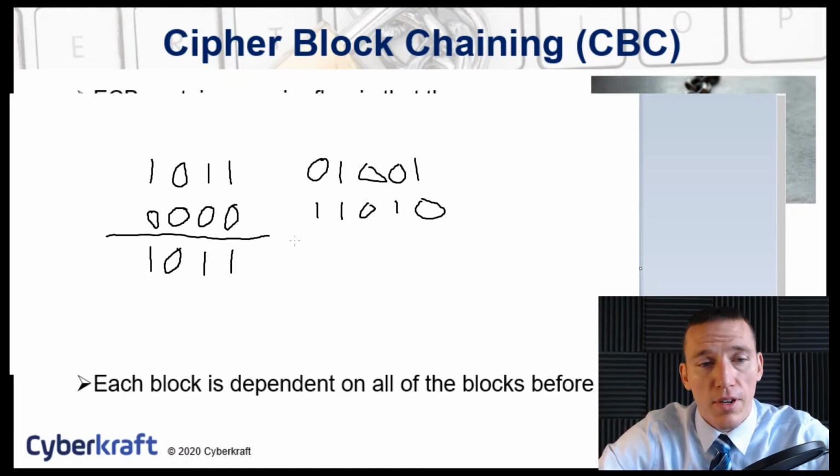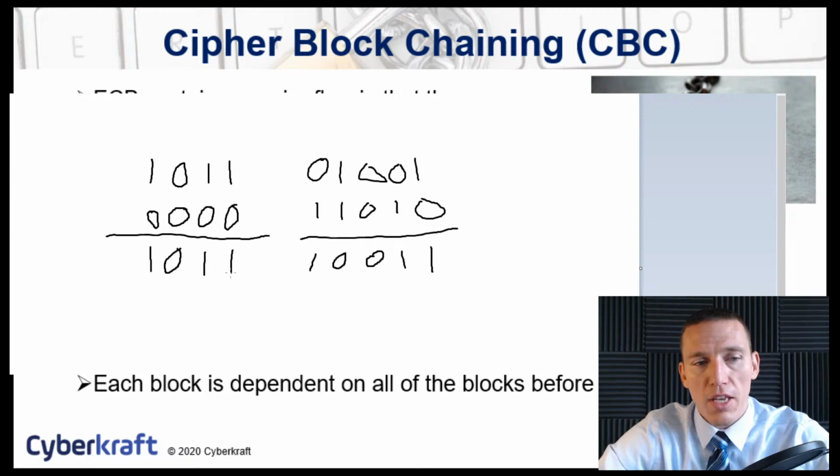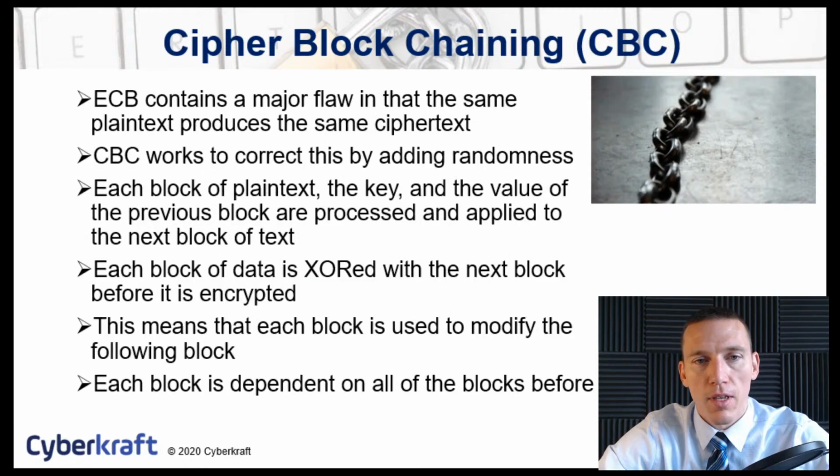If they're different, it's a 1. So as we see, they're different, 1; they're the same, 0; they're the same, 0; they're different, 1; and they're different, 1. So that's how you can XOR any two bits. And you may be asked to XOR two different strings on the exam.